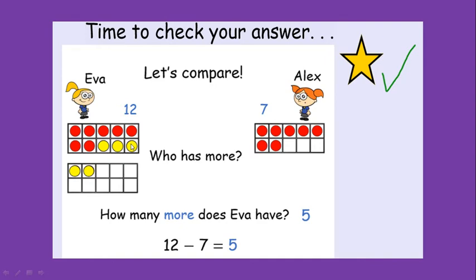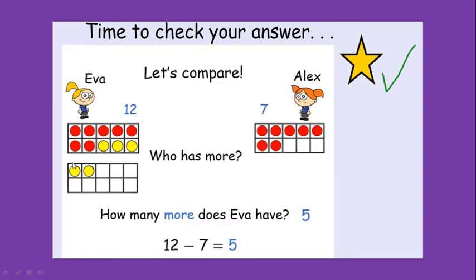The difference between Eva's counters and Alex's counters are coloured in a different colour. Can you see that there are 1, 2, 3, 4, 5 counters that were yellow? Did you all notice that? Well, that is the difference. That's how many more Eva has compared to Alex, because if you look, the counters that are red on Eva's side, that's the same amount that Alex has.